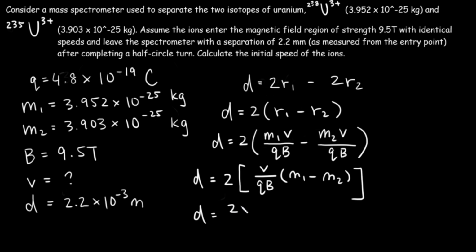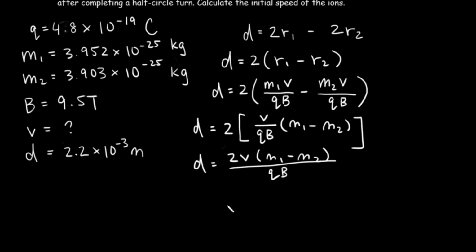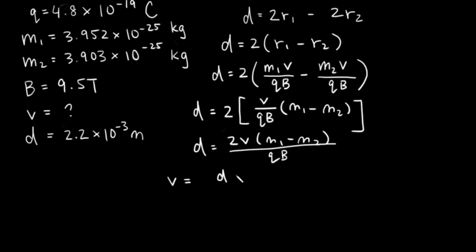And if we just simplify this, 2 times V times M1 minus M2 is divided by QB. Now the question's asking for the initial velocity, so that means we're isolating for V. This is going to give us D times Q times B over 2 times M1 minus M2. So I'm just doing this in one step, but if you want, you can, of course, do this slower than me.